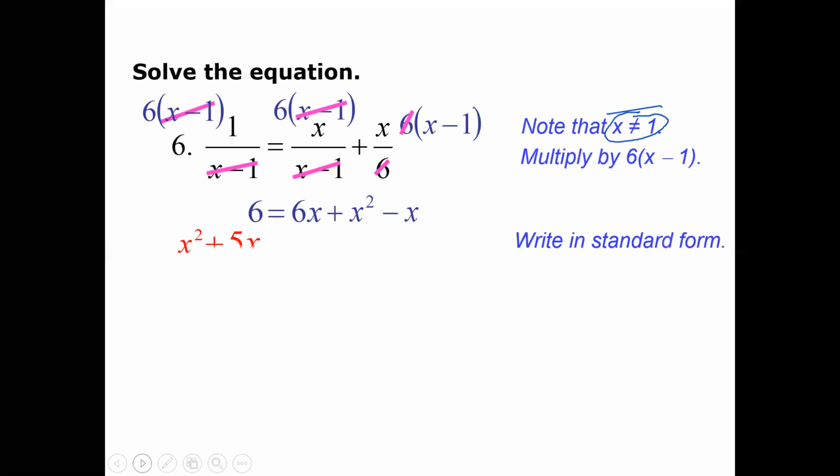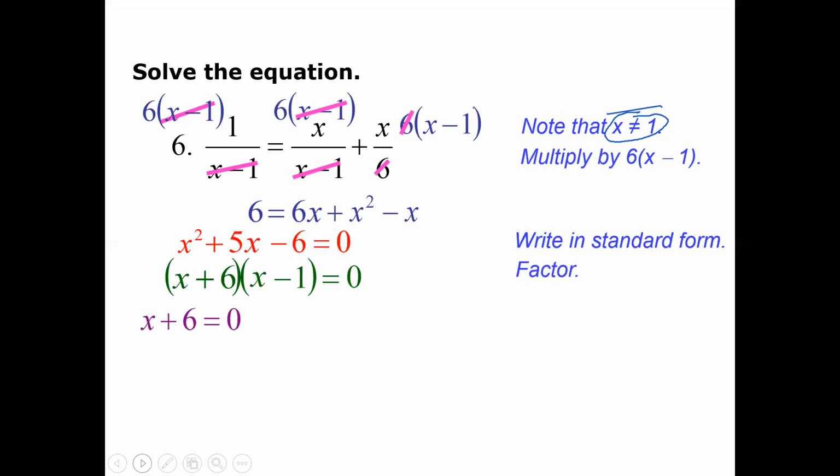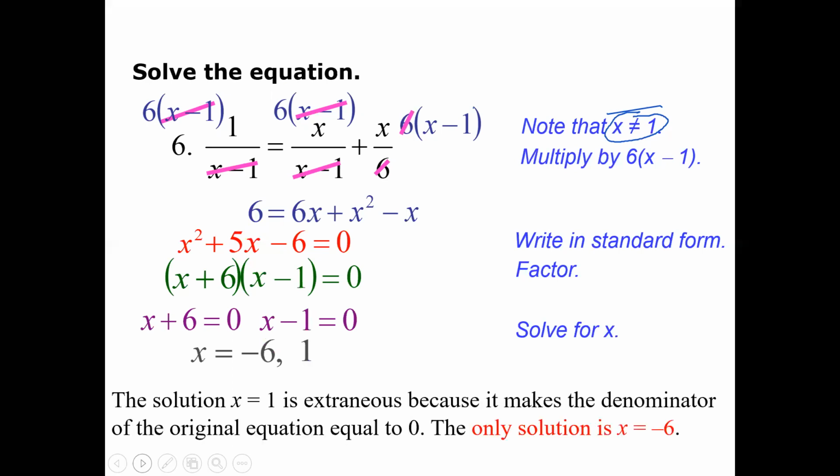So simplifying, you'll have x squared plus 5x minus 6 equals 0. So again, this is a quadratic equation. We solve it by factoring. You have x plus 6 equals 0 and x minus 1 equals 0. Applying the zero product property, you have x equals negative 6 and 1. But again, 1 is an extraneous solution. So you just have negative 6 as the only solution for this rational equation.